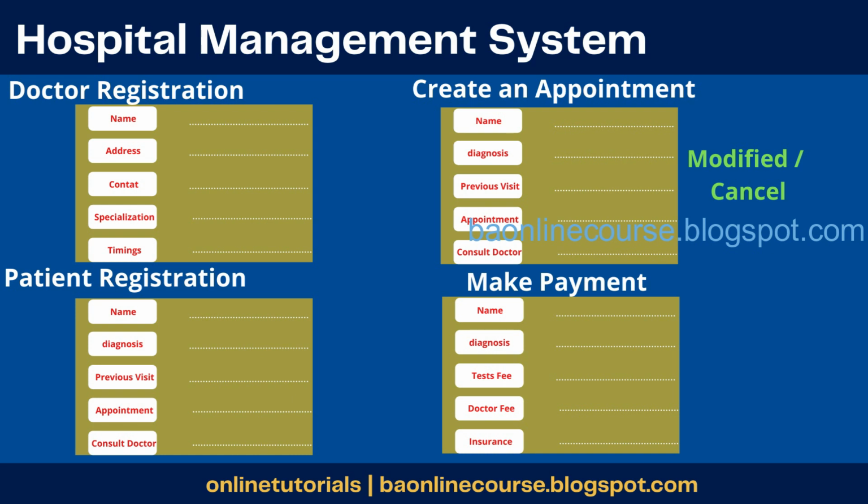Then similarly, when you are registering a patient, there will be a screen for patient, right? And we'll capture like the payment. You would capture the patient name and his diagnosis and then his previous history.